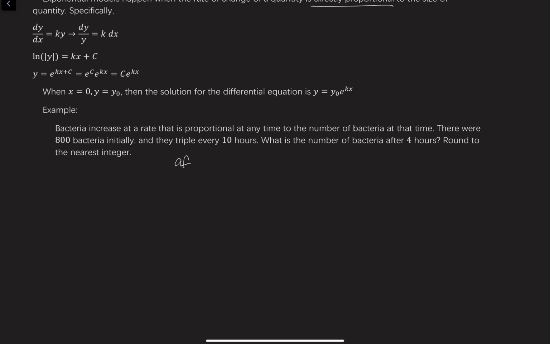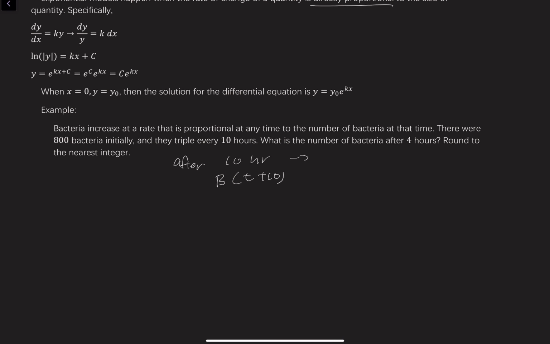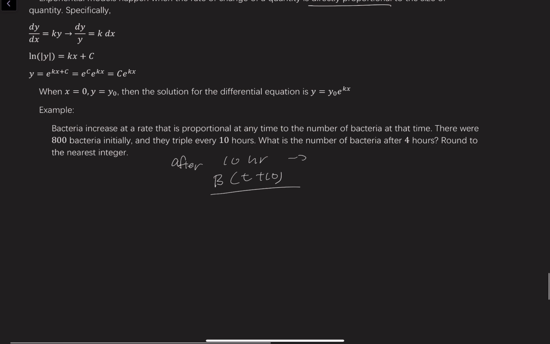After 10 hours, we can say the bacteria function at t plus 10, when the time increased by 10 hours from right now, divided by the bacteria right now, should equal 3, because this value is 3 times this value.